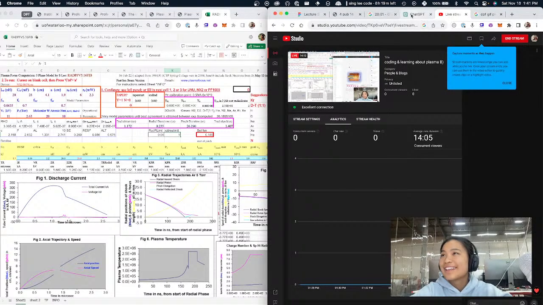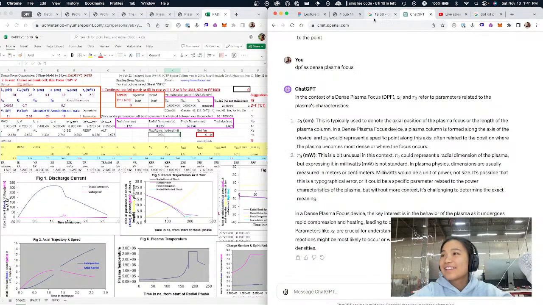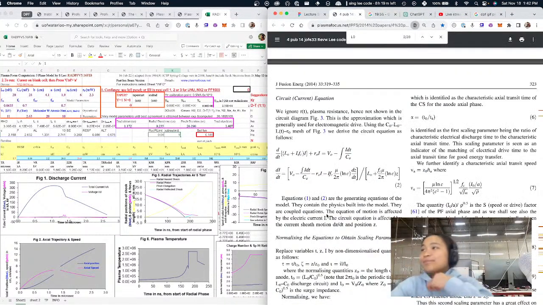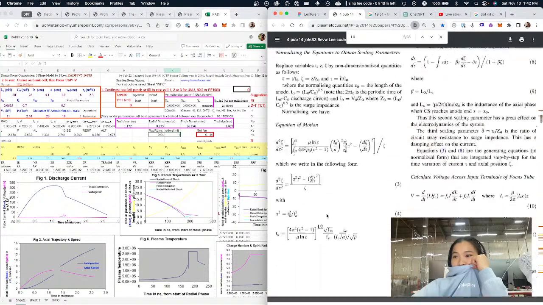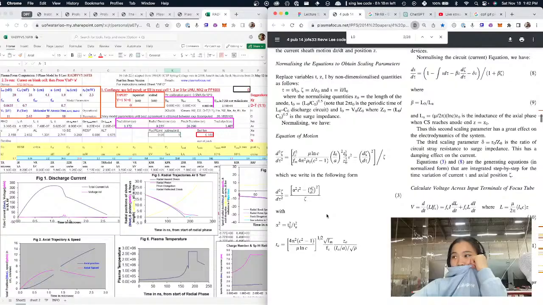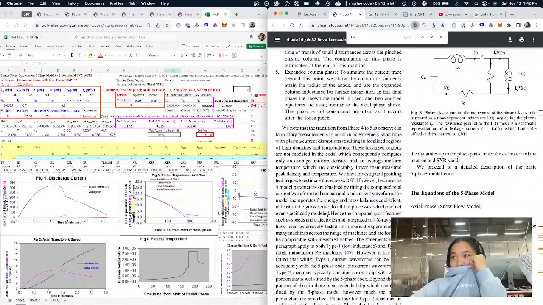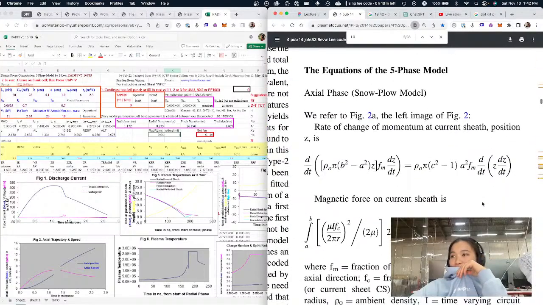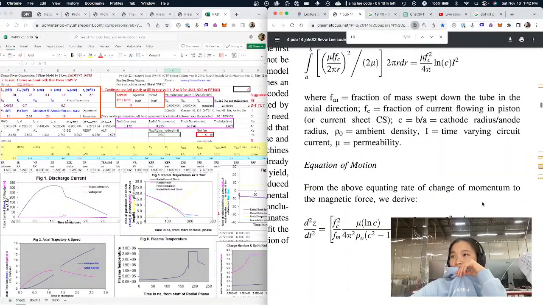This is funny. They call it the snowplow model. Okay, equation of motion.